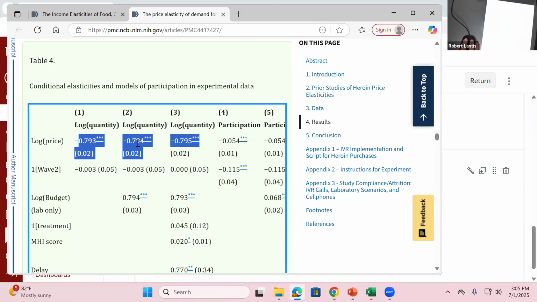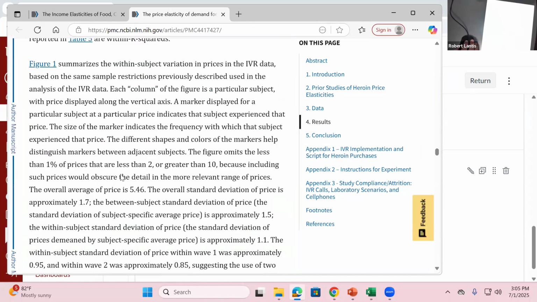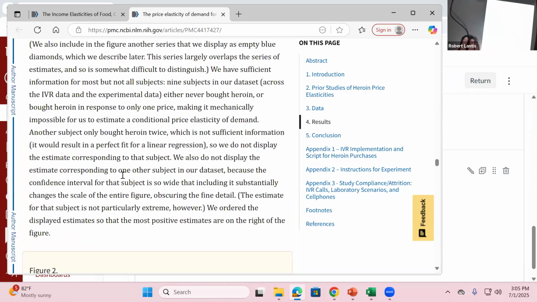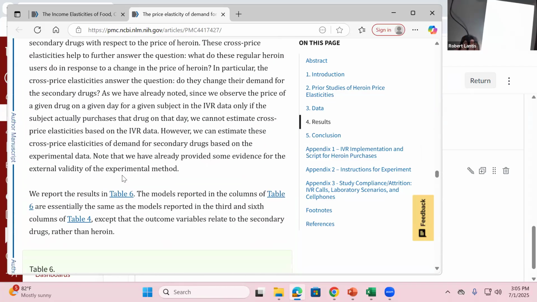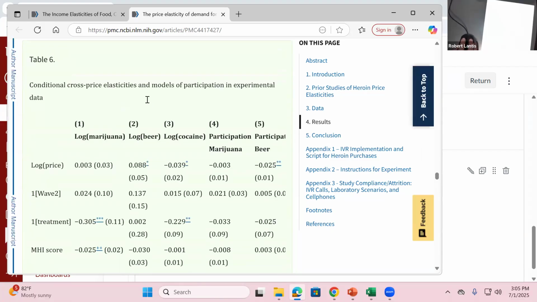Now, I would have thought it was a lot closer to 0 than that, but it's still inelastic. Now, what they also did is they had these other 3 goods: beer, cocaine, and marijuana. So here, they did a very similar thing looking at cross-price elasticities.